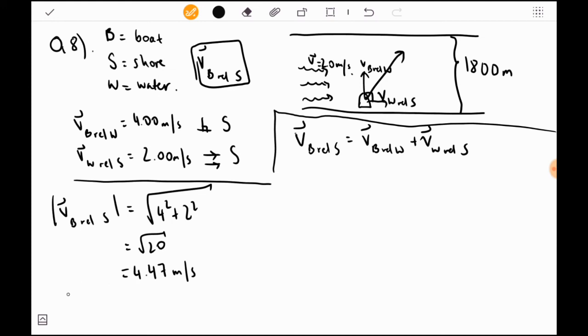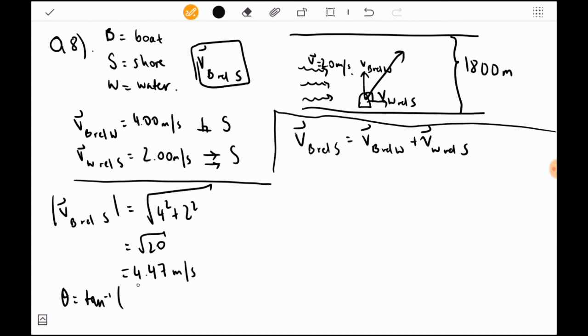Once again, we can just use trigonometry as we have been. So looking at this, we have the horizontal and the vertical components. That means we're going to be using tan. So I'll skip most of it and just go, the angle will be given by the inverse tan. We're finding the angle to the shore.